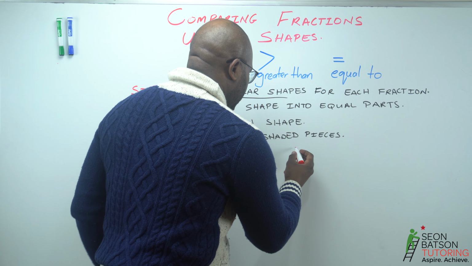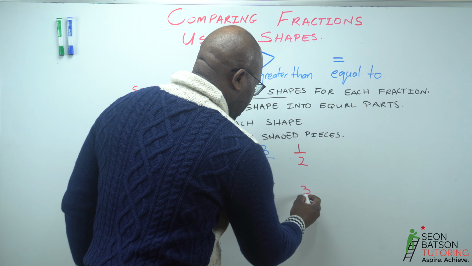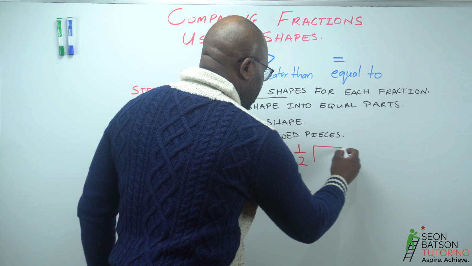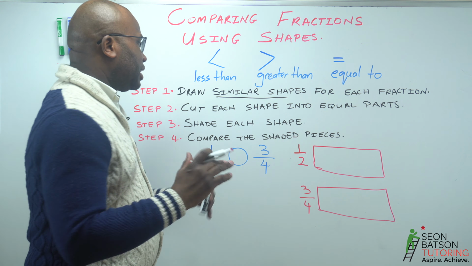I'll put my 1/2 right here, and I put my 3/4 right here. So my first step is to draw similar shapes for each fraction. They look about similar, yeah? So that's step 1.